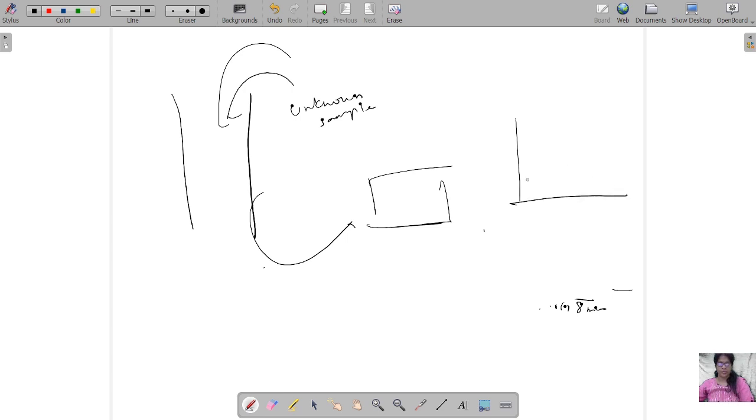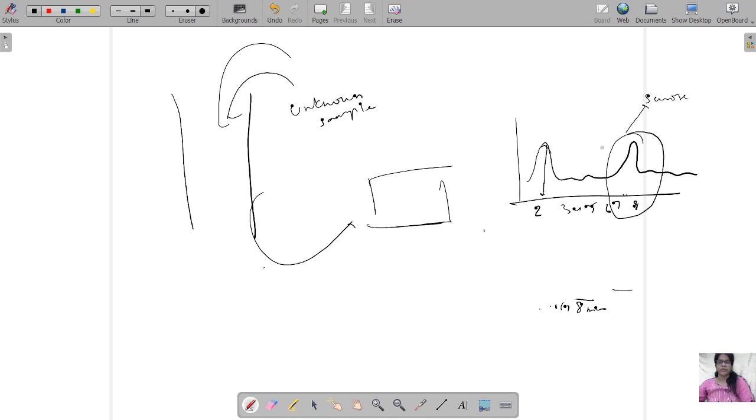For example, this peak is not known because it came immediately after injecting the sample, and you got a peak at 8. I told you the peak at 8 indicates sucrose. You didn't get any peak at 5 minutes, so there is no glucose in the sample. This is how you detect an unknown sample: compare with the standards and then run it.